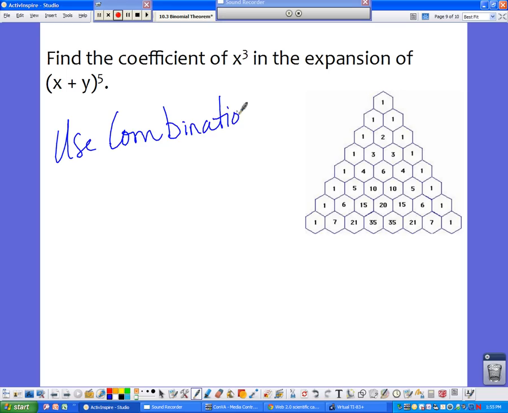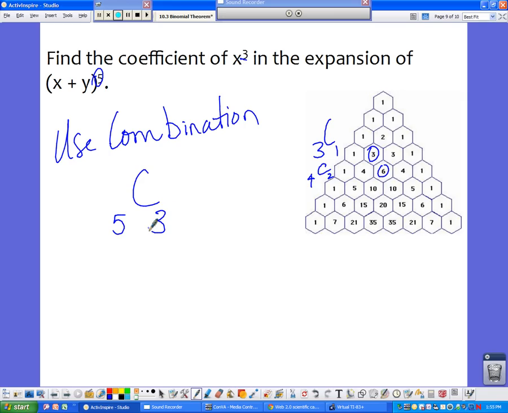Remember how the way we get these numbers is, like this number right here, it's the third row, 0, 1. So it's just combination 3 choose 1. This one would be combination fourth row, 0, 1, 2. So 4 choose 2. It's going to be 6. So this one, we're going to do 5, combination, and it's in the third spot. Okay? And that is it.